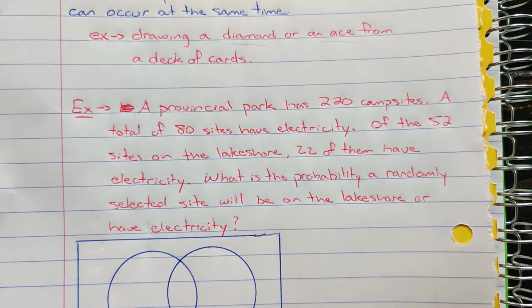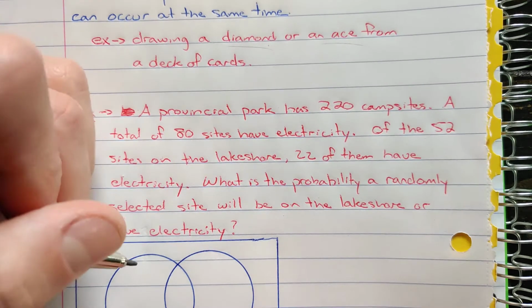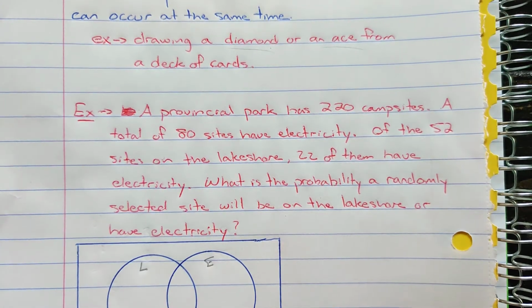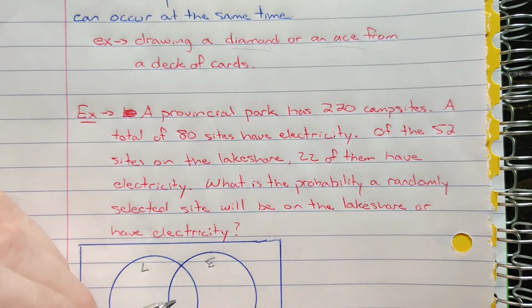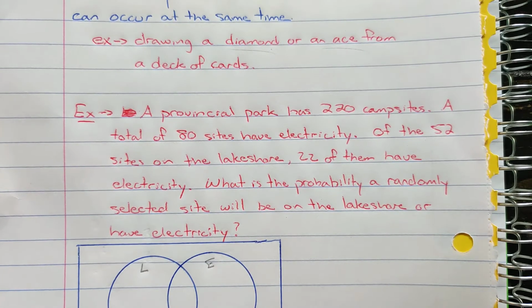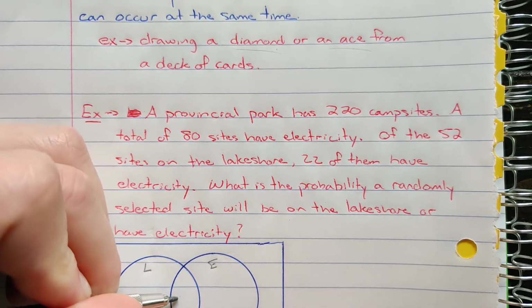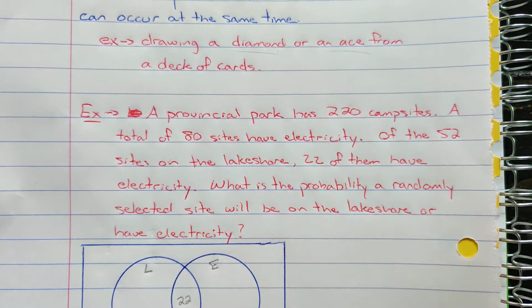So we're going to be on the Lakeshore, or we're going to have electricity. If we look at our events here, we have the Lakeshore events and then the electricity events. And we have an overlap because some of those Lakeshore sites have electricity. So we're going to start there in the middle, where 22 sites are on the Lakeshore and they have electricity.